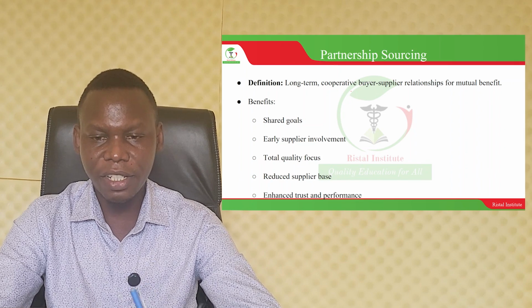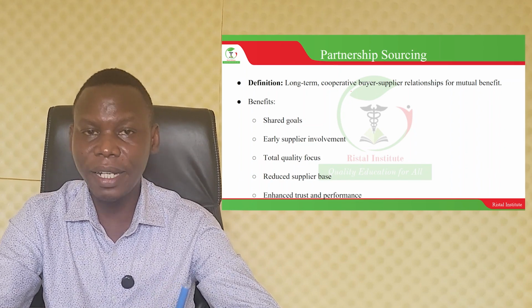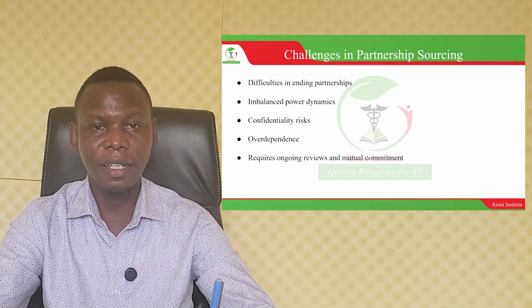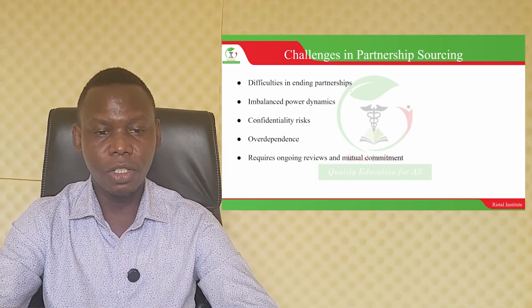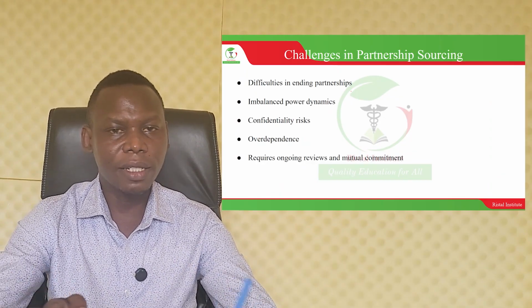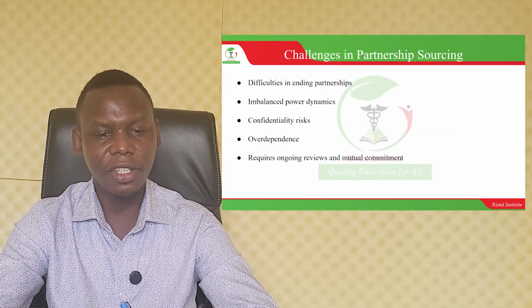Challenges in partnership sourcing. There are challenges. There is difficulty in ending the partnership. It's always difficult to end the partnership because there are too many agreements that have been entered into. Imbalanced power dynamics: who takes what, who is in charge of what, and all that. It's always a challenge.